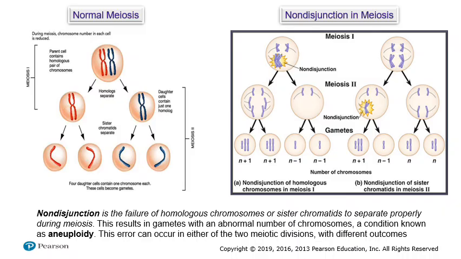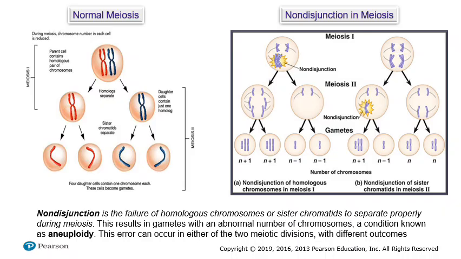What happens during non-disjunction? During the first meiotic division, these two need to separate from one another, right? But it so happened that here, they did not separate. The chromosome number here is only 2, but the chromosome number here is 4: 1, 2, 3, 4. One of the chromosomes did not separate.